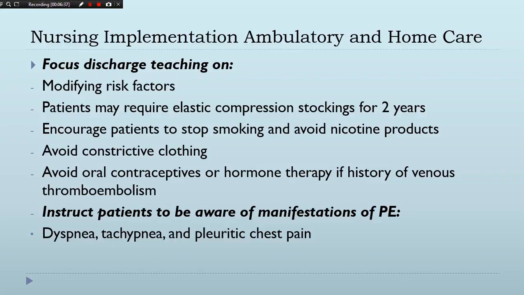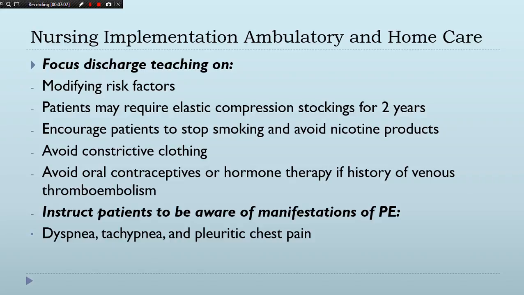We want to encourage all patients who smoke to stop smoking and to avoid any nicotine replacement products. They need to avoid constrictive clothing, crossing their ankles over each other, crossing their legs. We want patients who have had a history of blood clots to avoid any type of hormone replacement therapy.